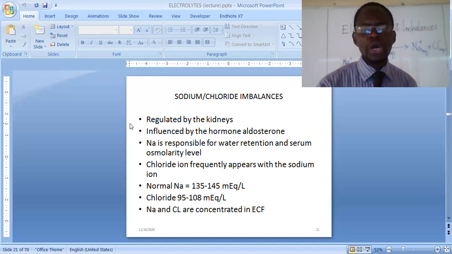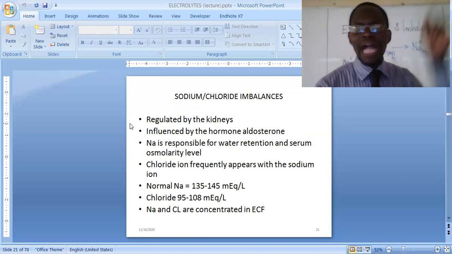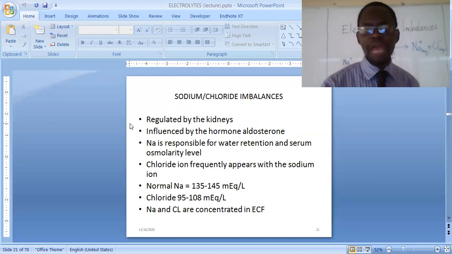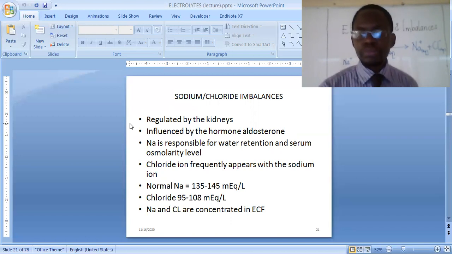Sodium is regulated by the kidneys, and its absorption is influenced, as we already said, by the hormone called aldosterone, which is secreted by the adrenal gland. It is responsible for water retention and maintenance of osmolarity. Chloride frequently appears with sodium.